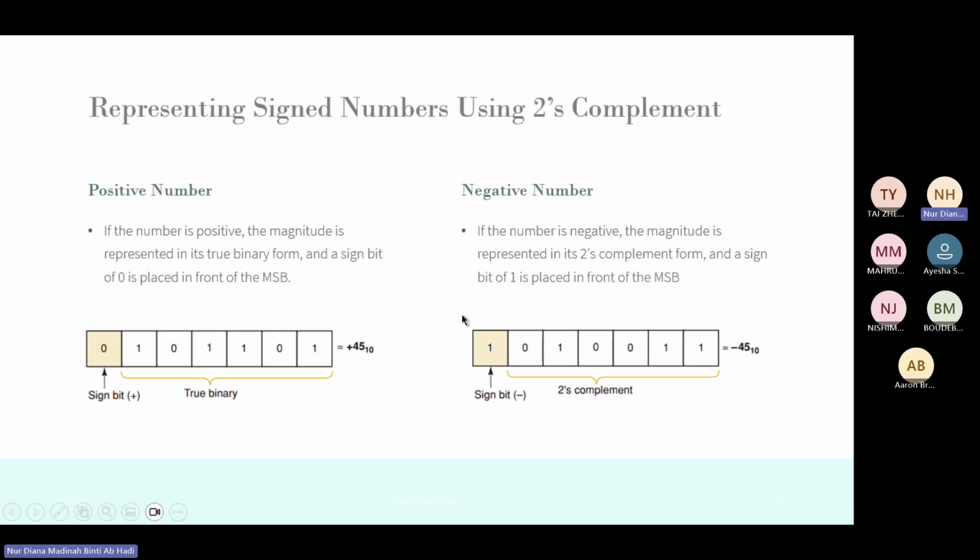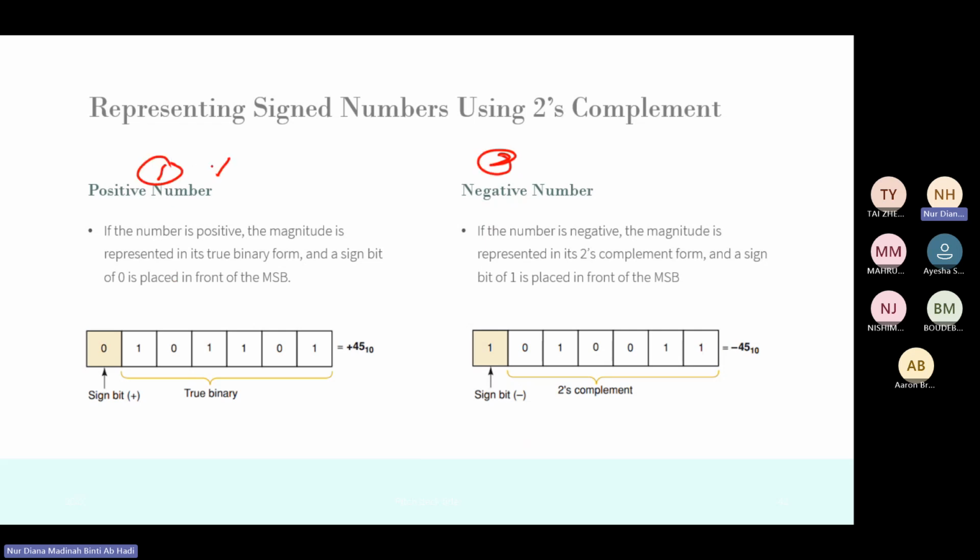Okay, so next, we're going to see how the signed number is represented using your second complement. Just now all of us know that your numbers can be divided into 2, correct? The first is your positive numbers and the second is your negative numbers.